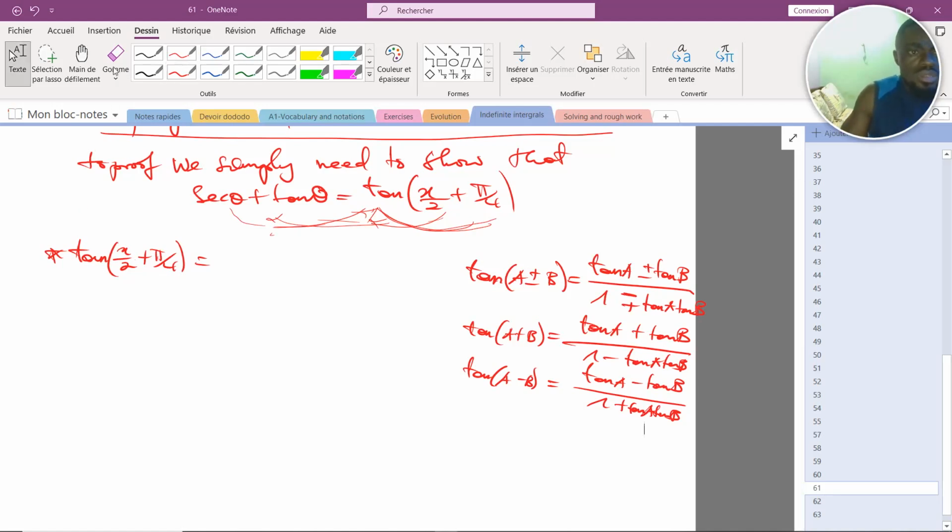Let me wipe this first of all, it's a bit big. So tan of x/2 plus π/4 will be equal to what?